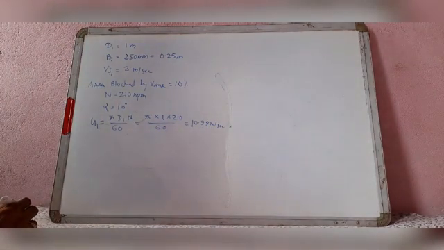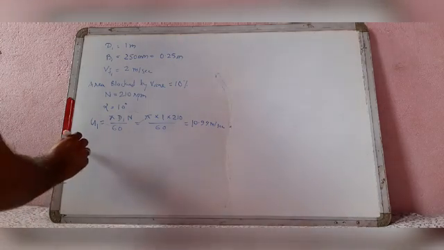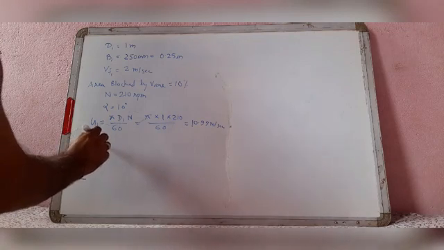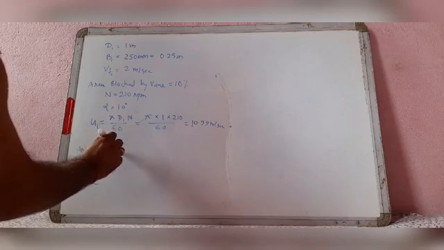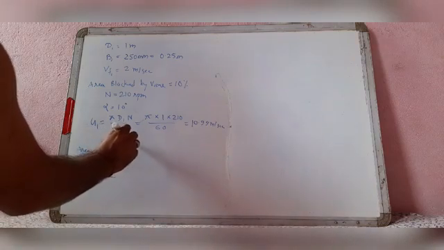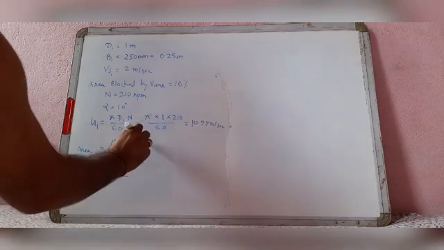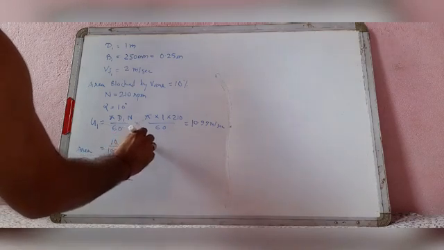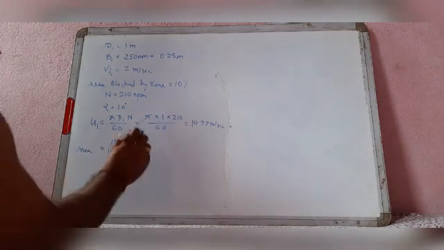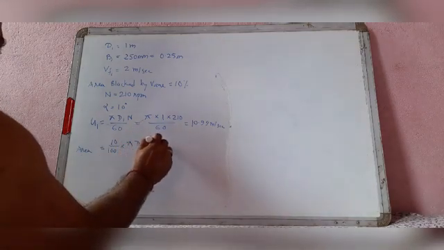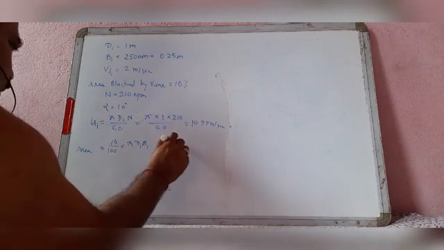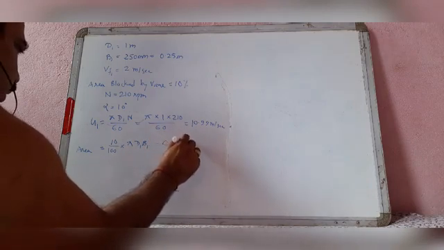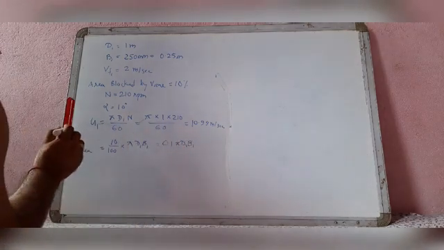Area blocked by vane thickness is 10%, so this area blocked by vane is 10% of pi D1 B1, that is equal to 0.1 pi D1 B1.